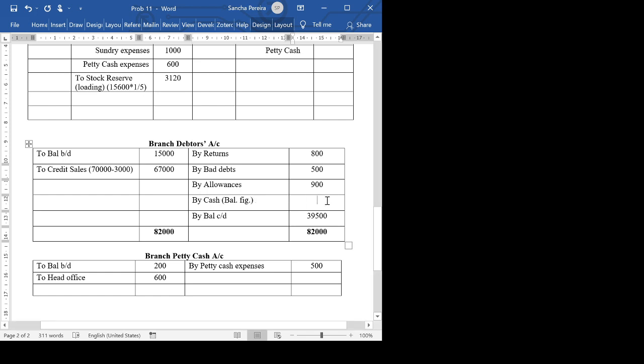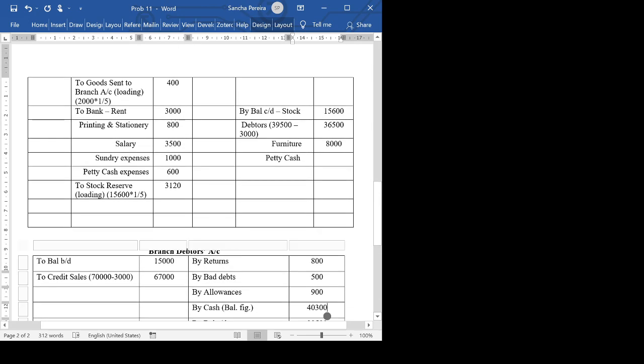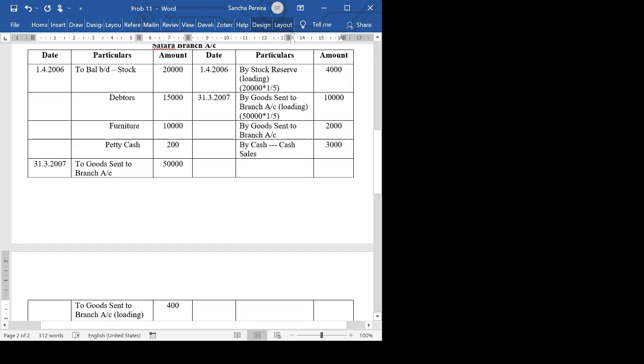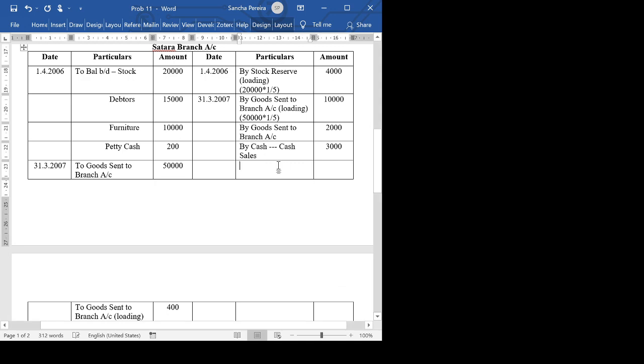If we do that calculation, it will be 82,000 minus 13 minus 9 minus 39,500 comes to 40,300. This I will transfer here, cash received from debtors, 40,300.